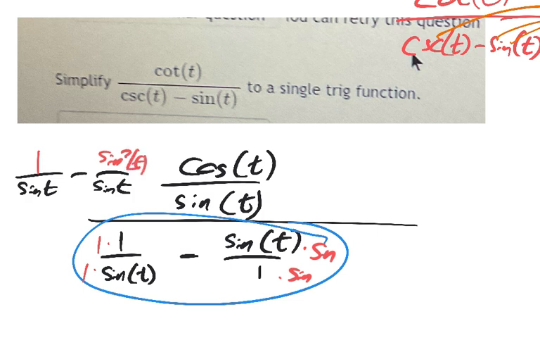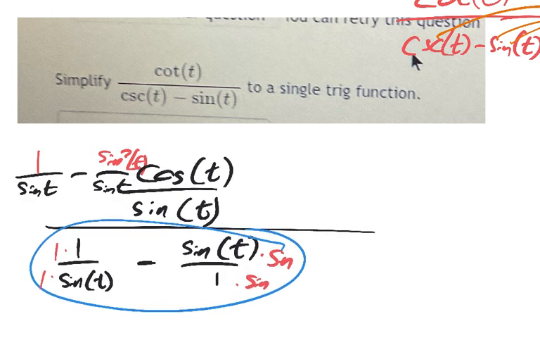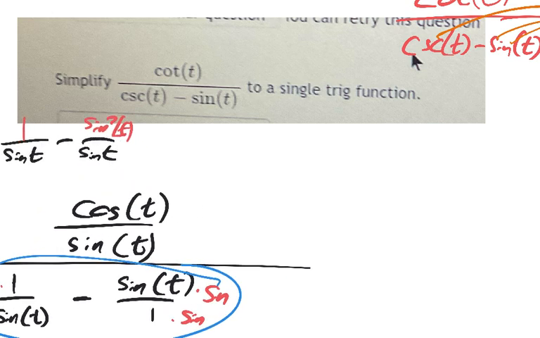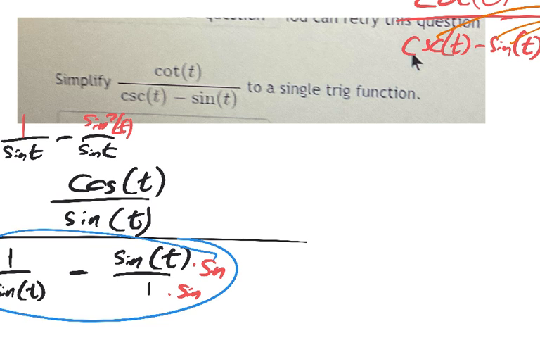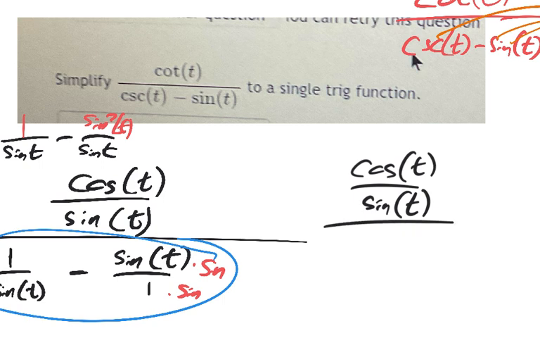So now I have cosine of t over sine of t over 1 minus sine squared of t over sine of t.